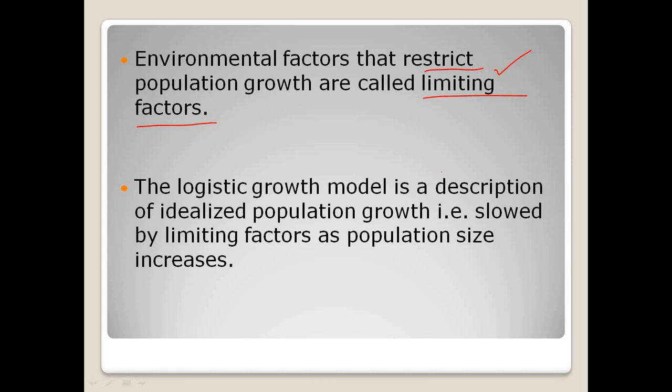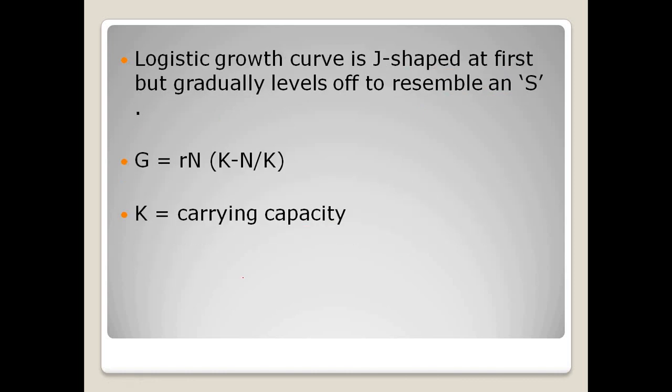The logistic growth model is a description of idealized population growth, because the population size in a habitat is regulated and slowed by limiting factors as population size increases.